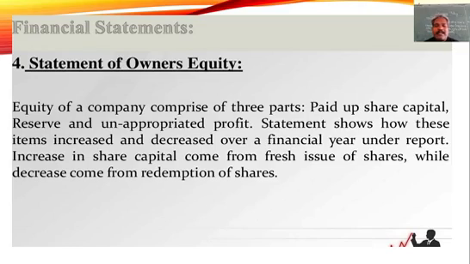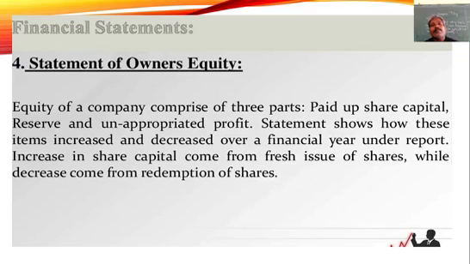If the company's share capital increases, they may make a fresh issue after completion of a few years, maybe for expansion of their business or to open new branches in other locations. Sometimes it may decrease due to redemption of shares.